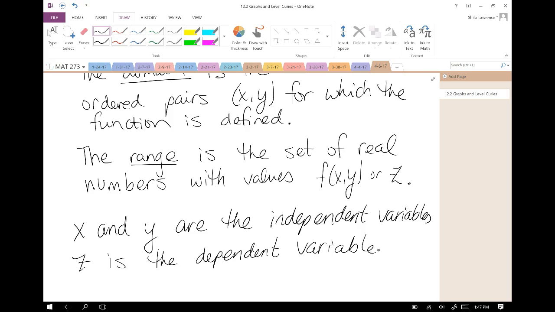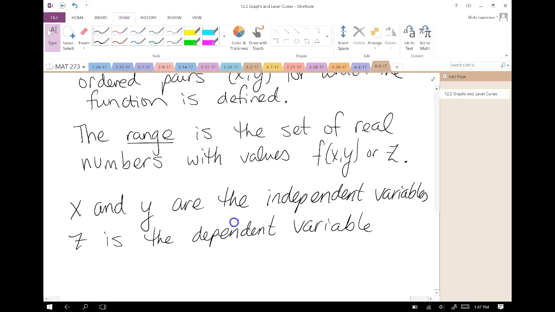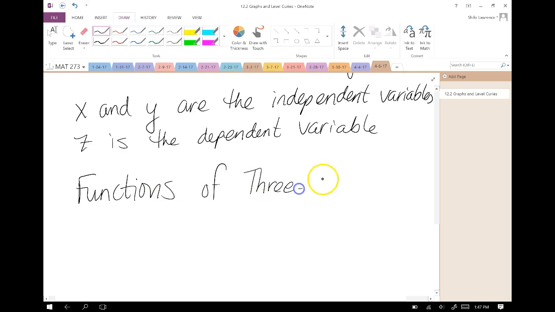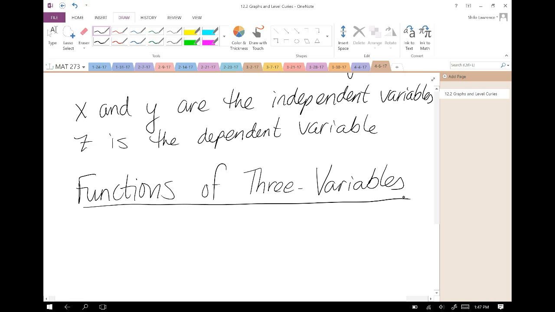We're also going to see functions of 3 variables. Functions of 3 input variables? That's right.